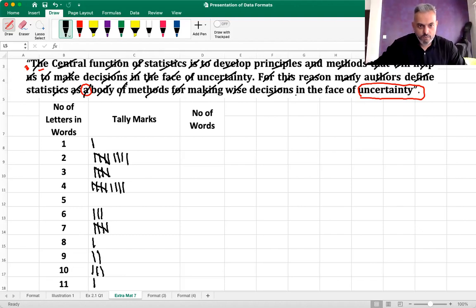Is, 2. The, 3. Phase, 4. Of, 2. And uncertainty, 11.